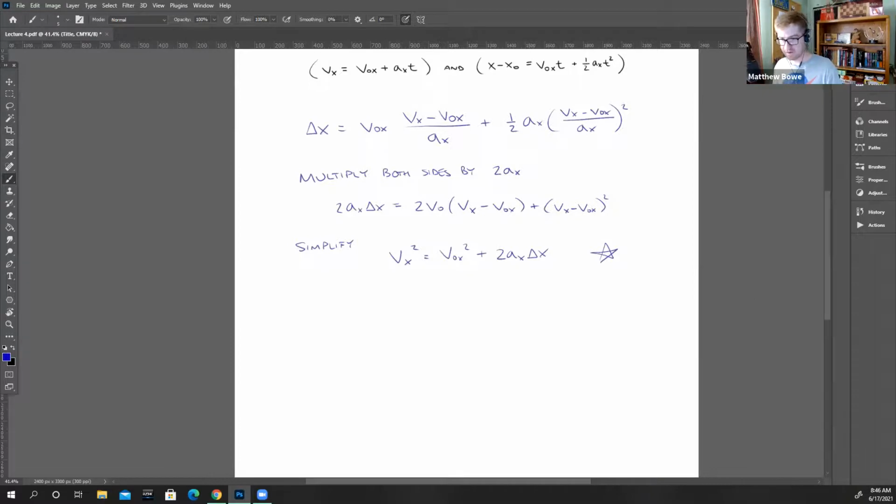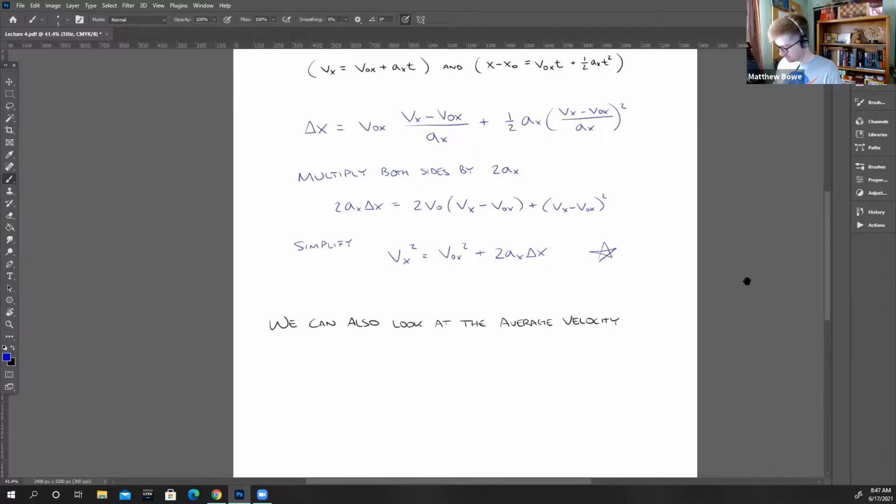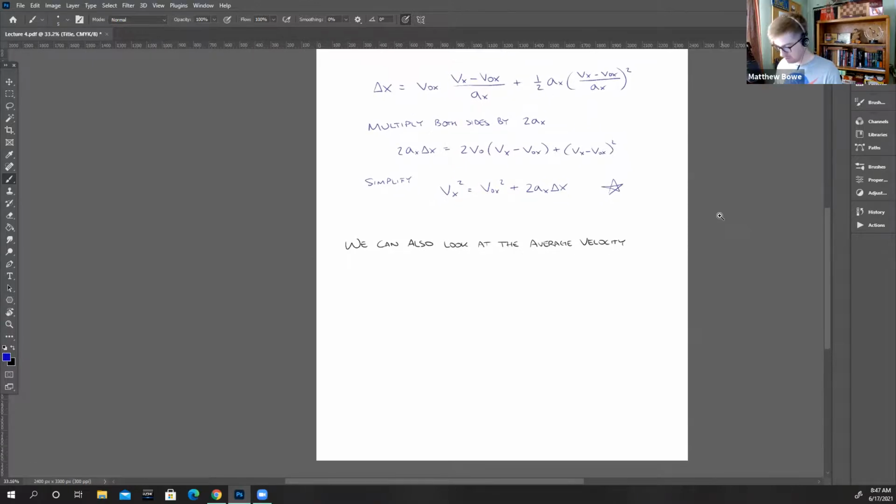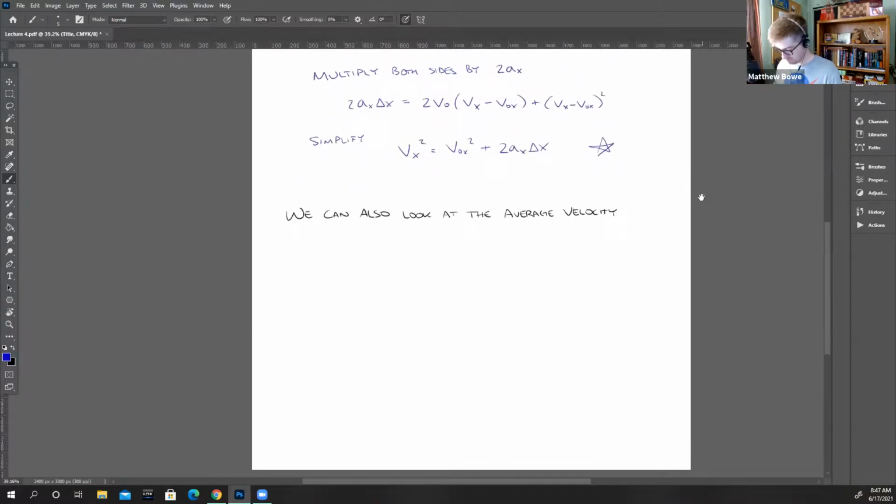And this last one, I'm not really going to derive as much. I'm just going to reason my way through. We can look at the average velocity of that previous example.